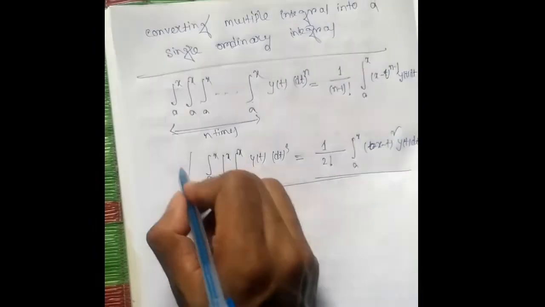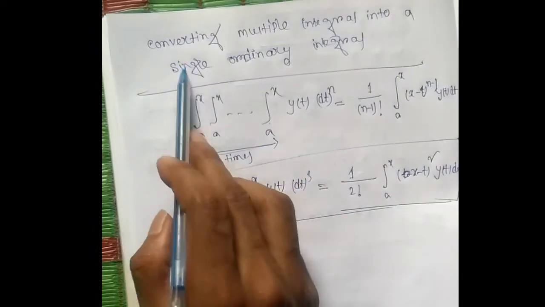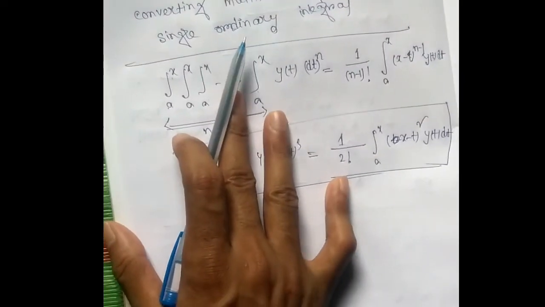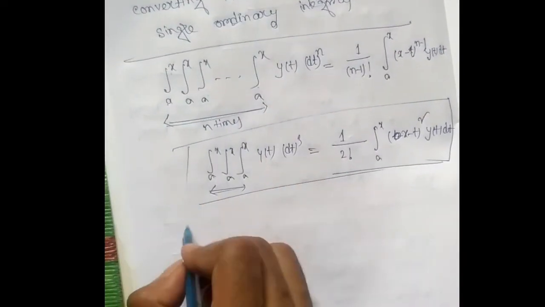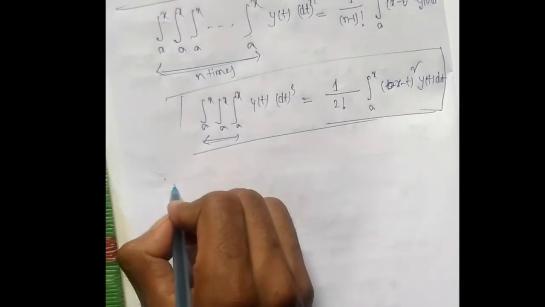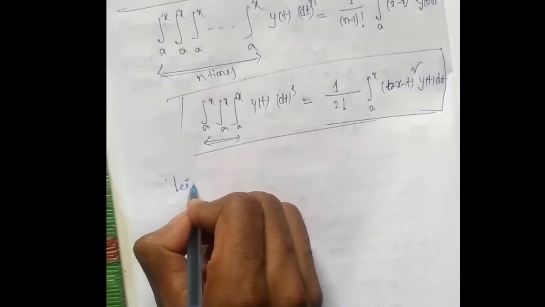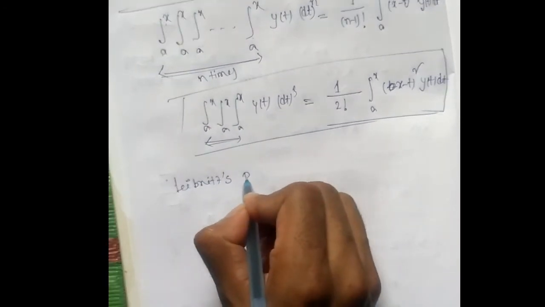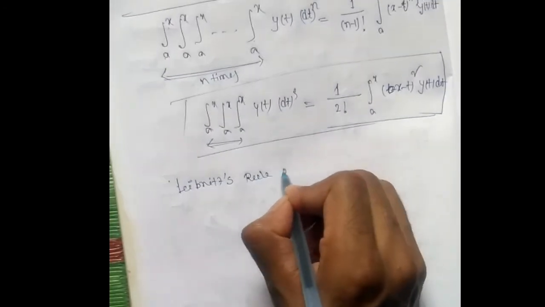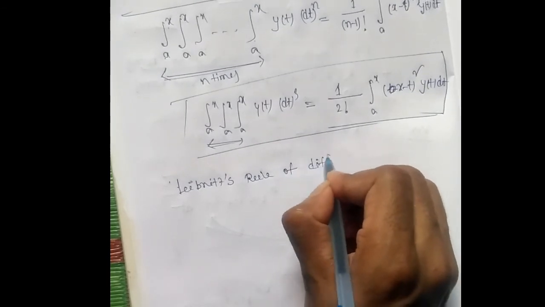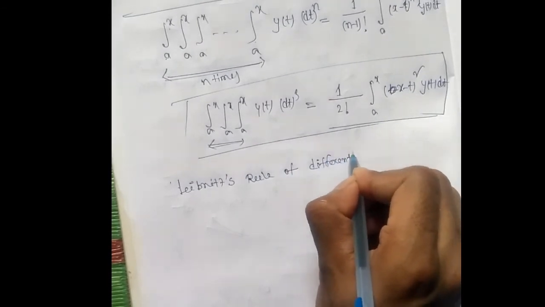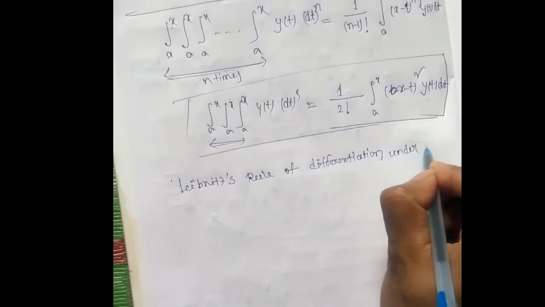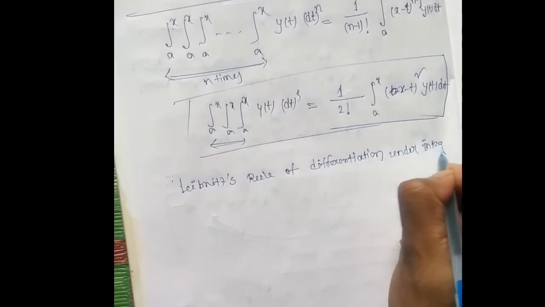This is very important, that is converting multiple integral into a single integral. Okay, and also a very good result, Leibniz rule of differentiation under integral sign. This is very important.